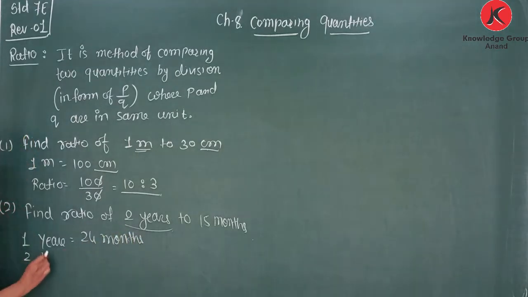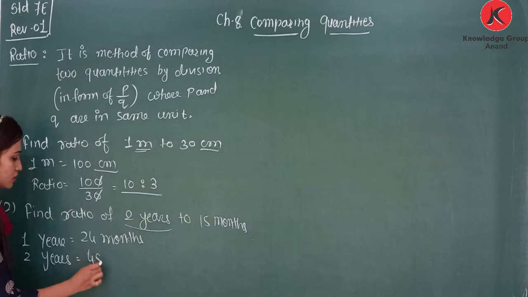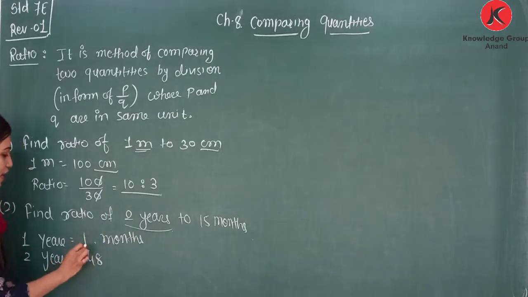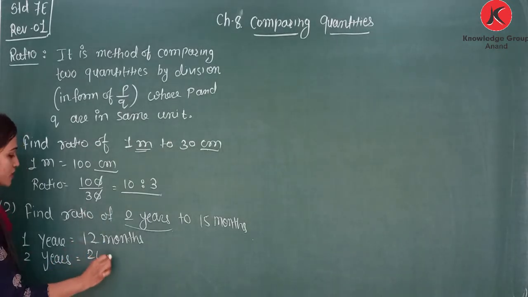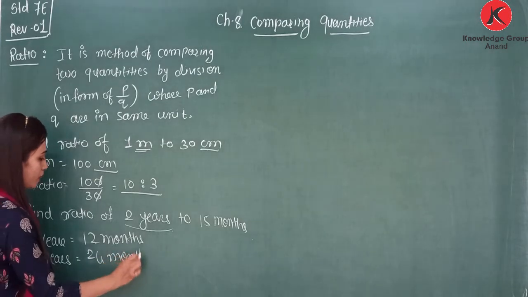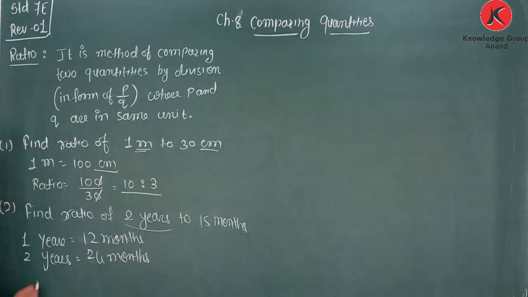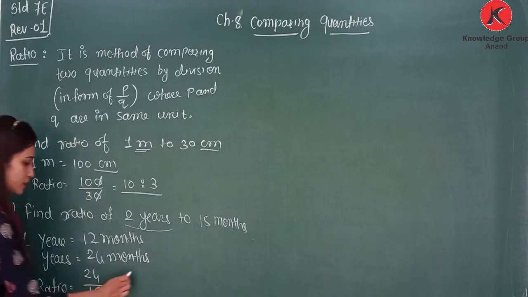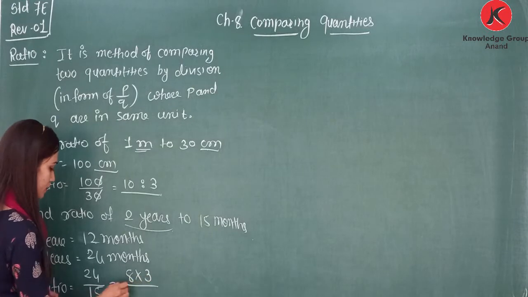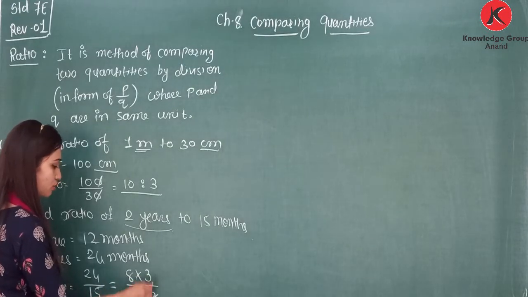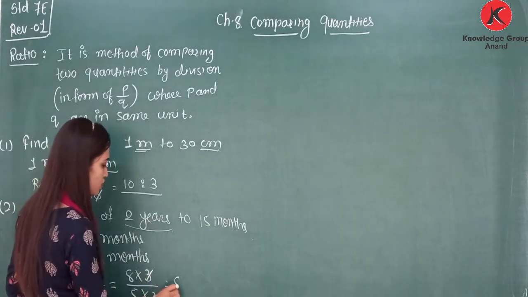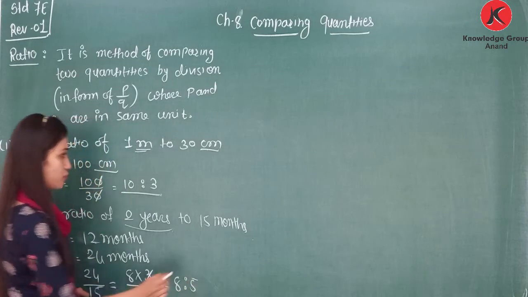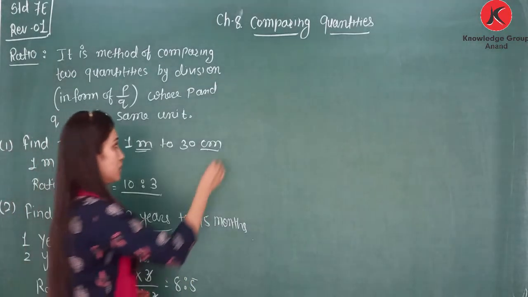So 2 years is equal to 24 months. So the ratio will be 24 by 15. Now cut the common factor. 8 threes are 24, 5 threes are 15, so 3 is a common factor. So the ratio is 8 is to 5. Clear?